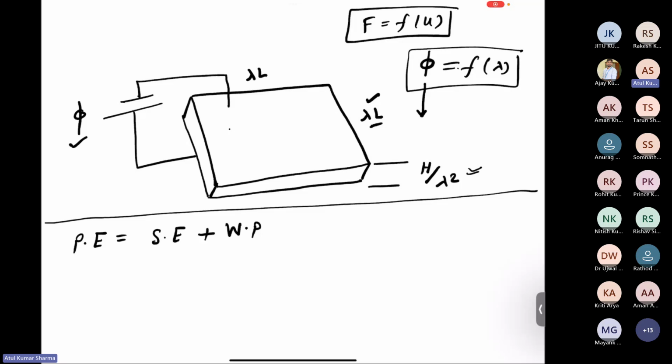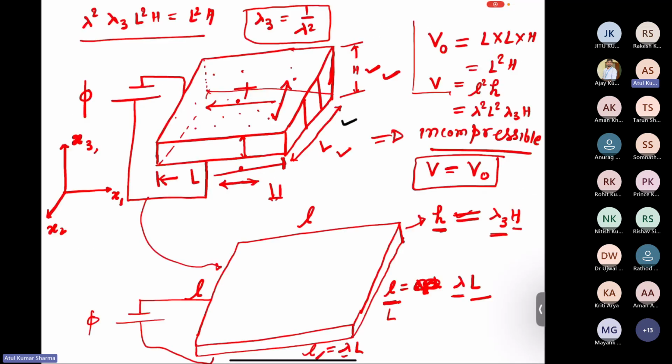Now, if we talk about energy stored in the dielectric elastomer, there will be two kinds of energy. One is the energy due to deformation and also the electrostatic energy.